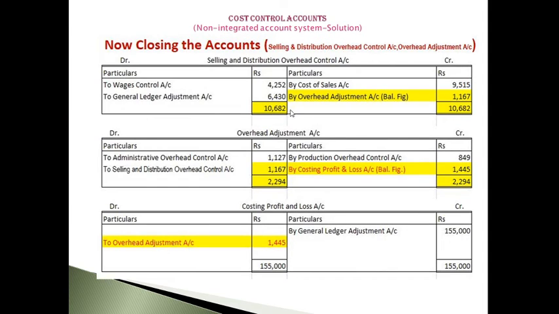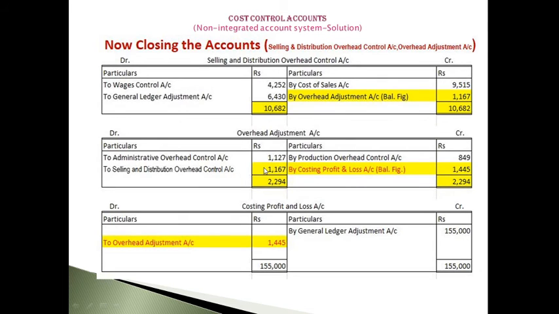Next, to close the selling and distribution overhead control account and also the overhead adjustment account. In the selling and distribution overhead control account, the debit side is more, 10,680, and it is to be put in the credit side, and there is a balance of 1,167. This 1,167 is the balancing figure transferred to the overhead adjustment account.